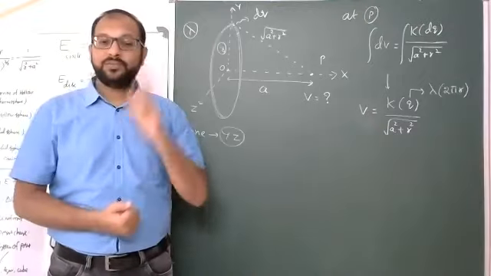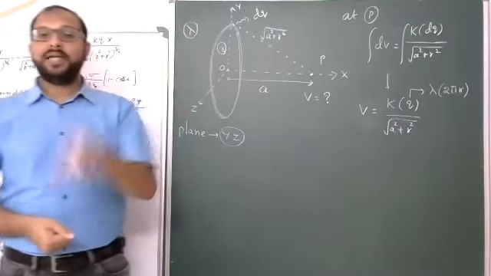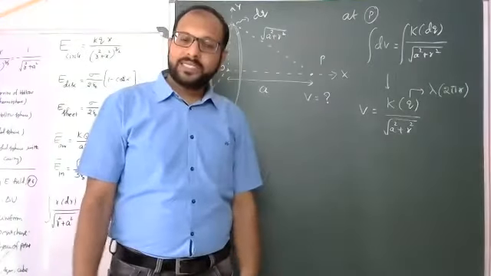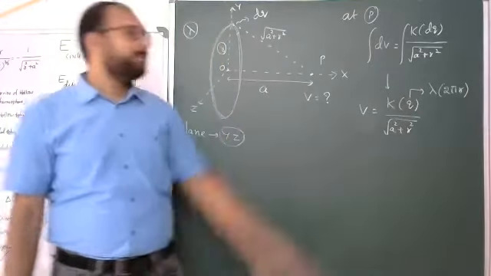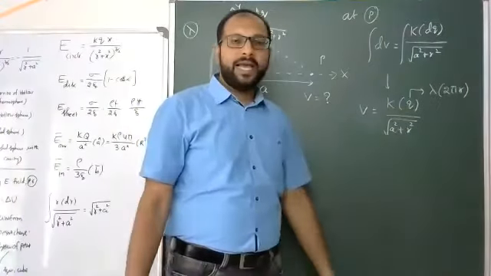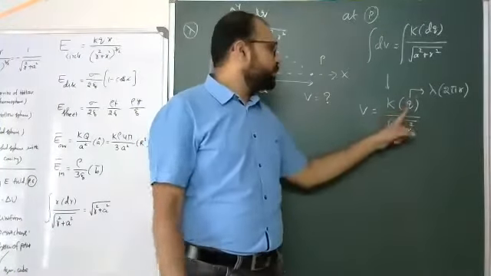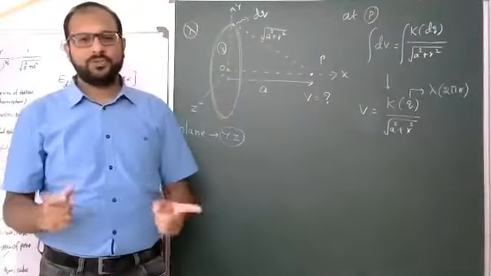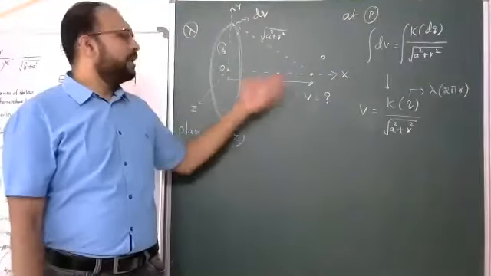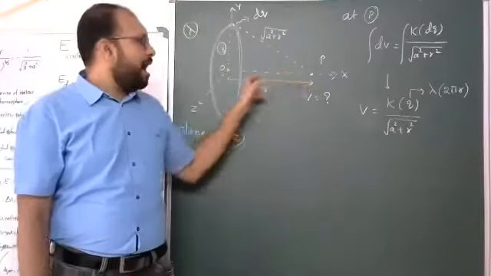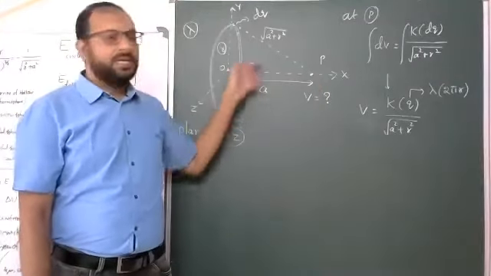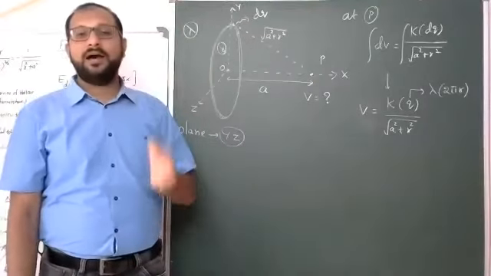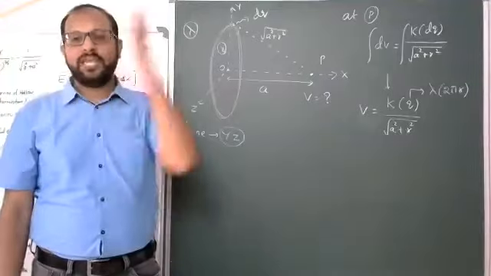Whether it is uniform or non-uniform, the answer is kq by root over a square plus r square. But if it is uniform, q equal to lambda into 2 pi r; if it is non-uniform, q is not equal to that, you need to calculate it from integration. Okay, students, so this is the potential on the axial line of a charged ring, that may or may not be uniformly charged.